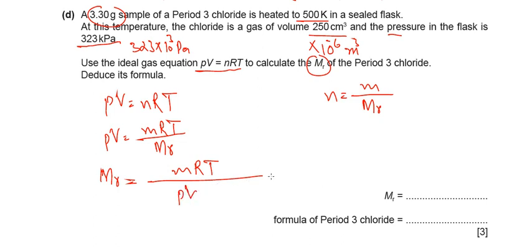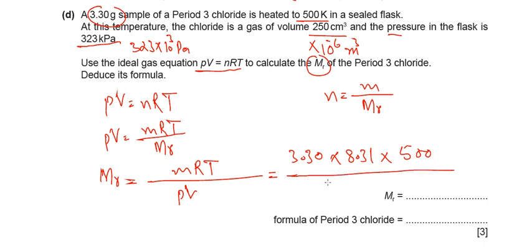Now we just have to replace the values. The mass is 3.30, times R, the gas constant, which is 8.31, multiplied by T, which should be in Kelvin, so it is 500. No need to convert, it's already in Kelvin. The pressure value is 323 times 10 raised to the power 3, multiplied by the value of V, which is 250, and as we convert it into meter cube, it should be 10 raised to the power minus 6.